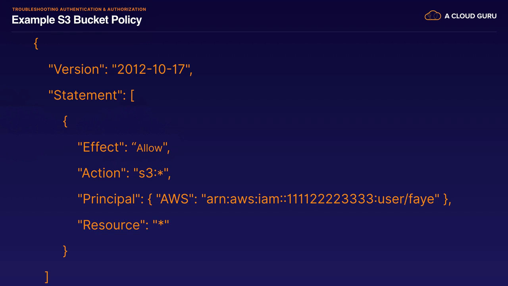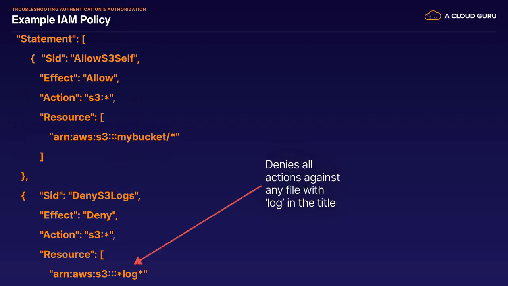So here is an example where we have an S3 bucket policy, and basically this policy is allowing all actions to this user for all S3 resources. So it's a pretty open policy, and on its own, this would allow the user to perform any action on any object within any S3 bucket. However, in combination with an identity access management policy which includes a deny statement, so here is an example identity access management policy which includes a deny statement.